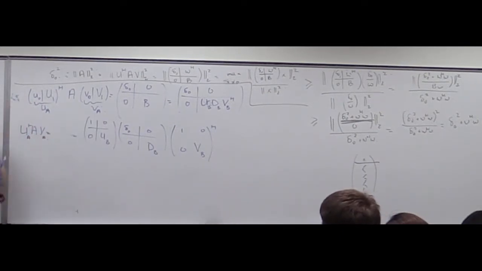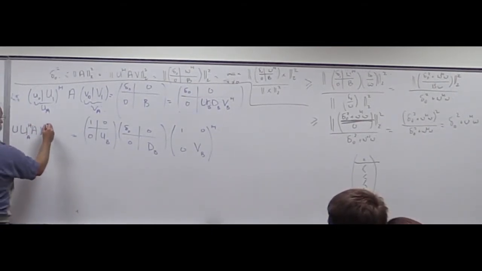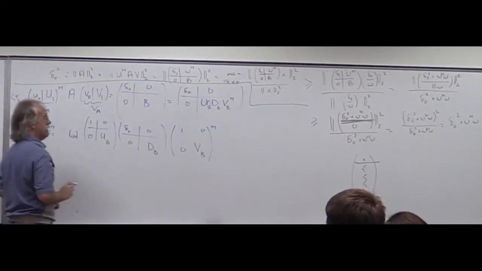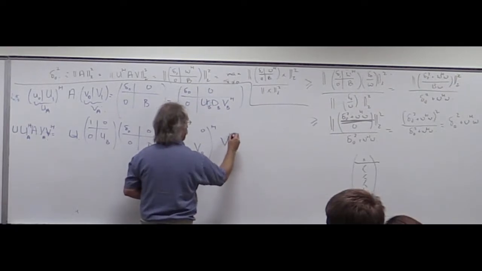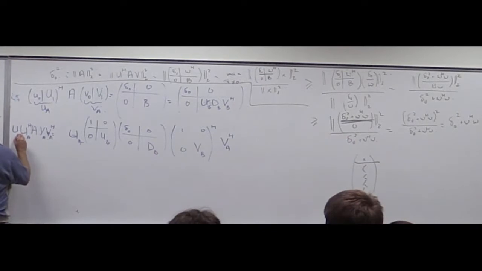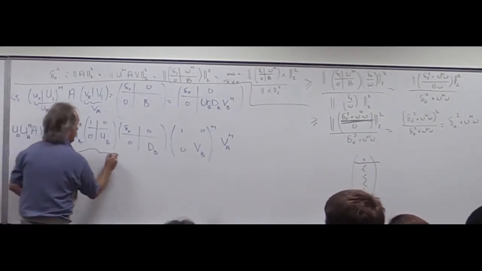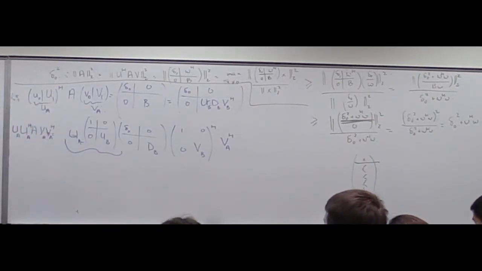We can then multiply this on the left by U and this on the right by V Hermitian, with subscripts A. One of the exercises that I want you to do for Tuesday is to show that if you multiply two unitary matrices together, you get another unitary matrix.